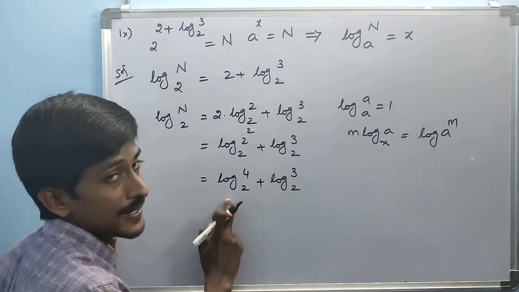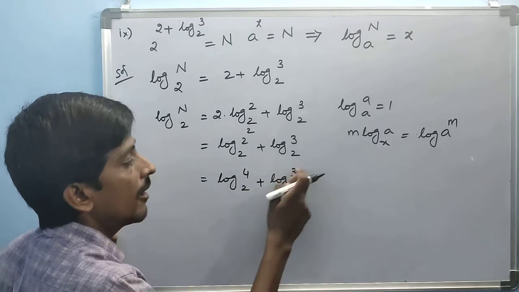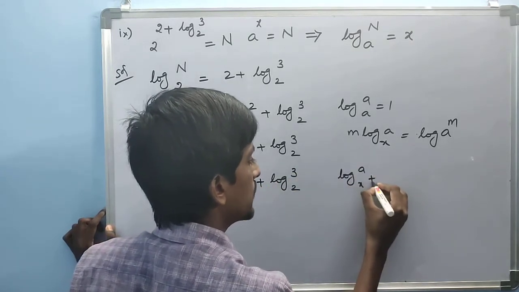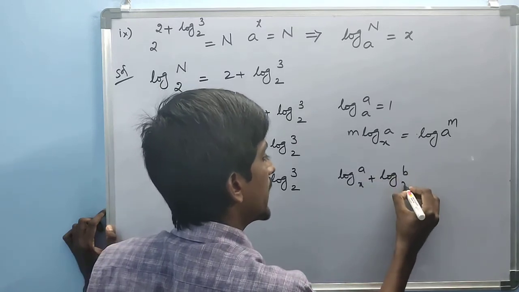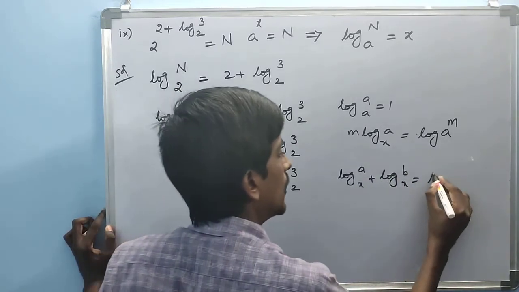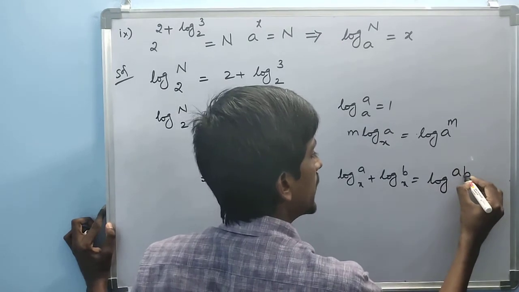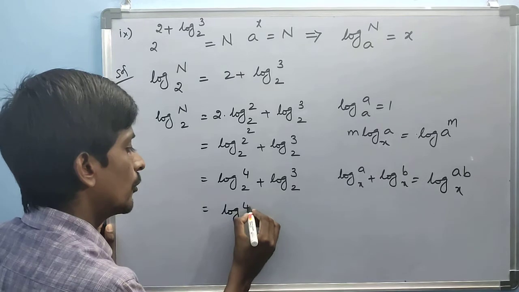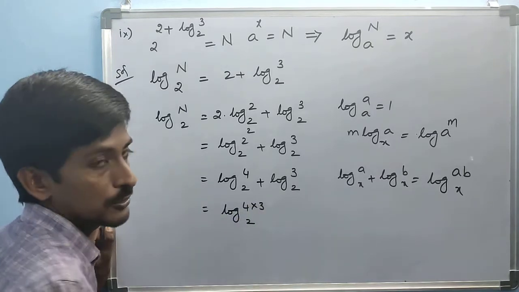What is the formula like this? Log a plus log b. Log a base x plus log b base x is equals to log ab base x. So log 4 into 3 base 2.